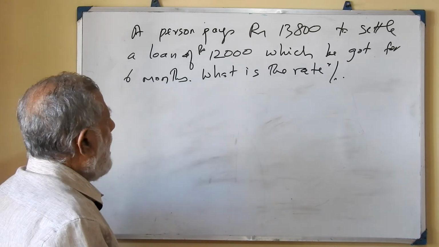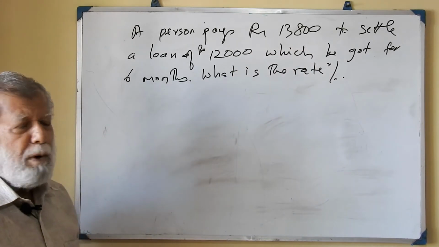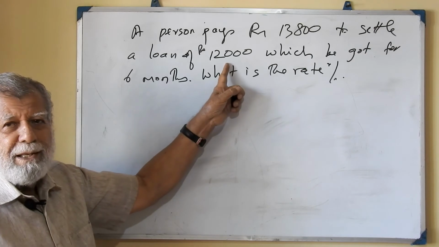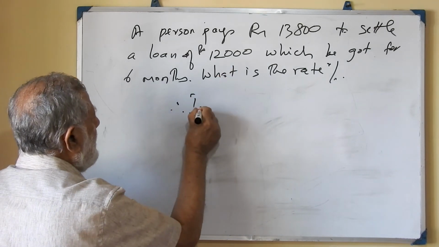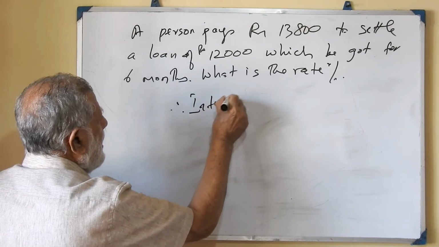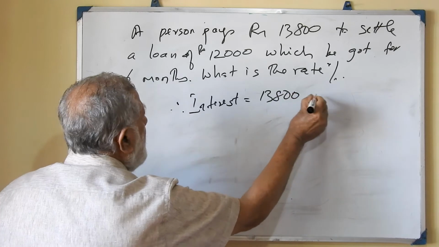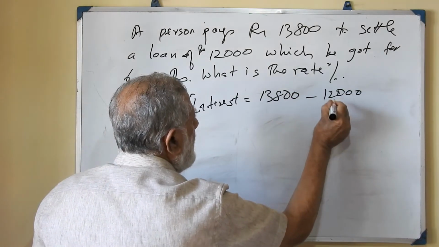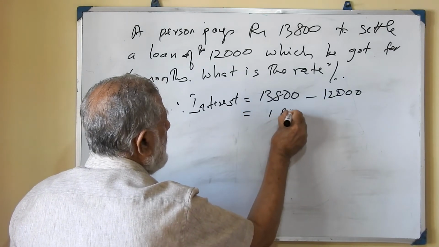So he is paying 13,800 rupees, the full amount, and he has borrowed 12,000 rupees. So immediately we can easily find the interest. Therefore, interest is equal to 13,800 minus 12,000, that is equal to 1,800.